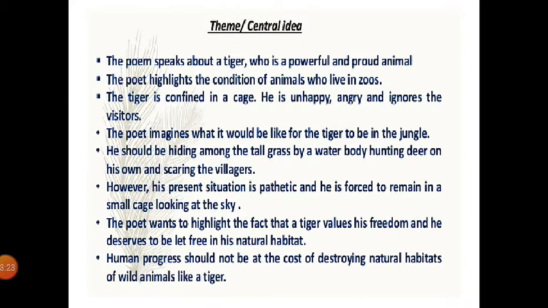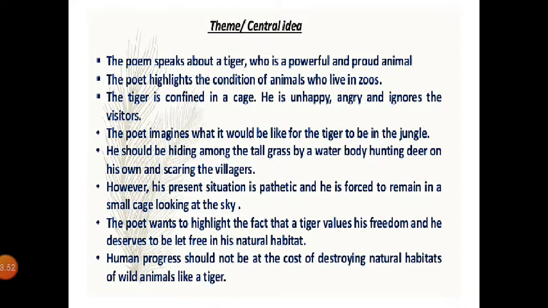The poet imagines what it would be like for the tiger to be in the jungle. He should be hiding among the tall grass by a water body, hunting deer on his own and scaring the villagers. However, his present situation is pathetic and he is forced to remain in a small cage looking at the sky.